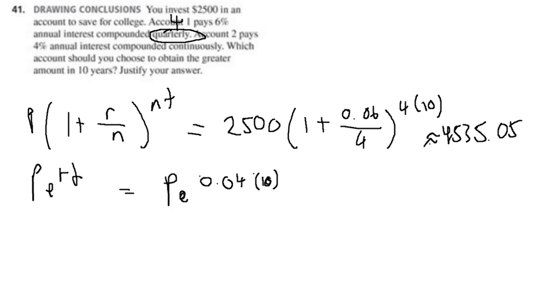And then P e to the 0.4 on the other hand will only give you 3,729.56. So overall, the top function is the better function in the long run.